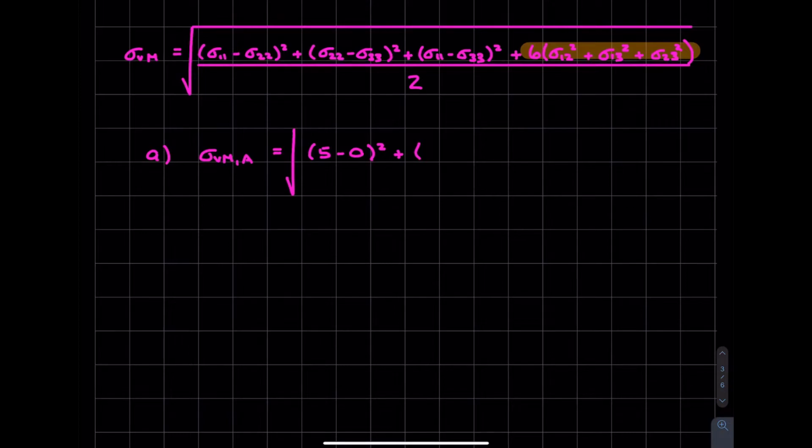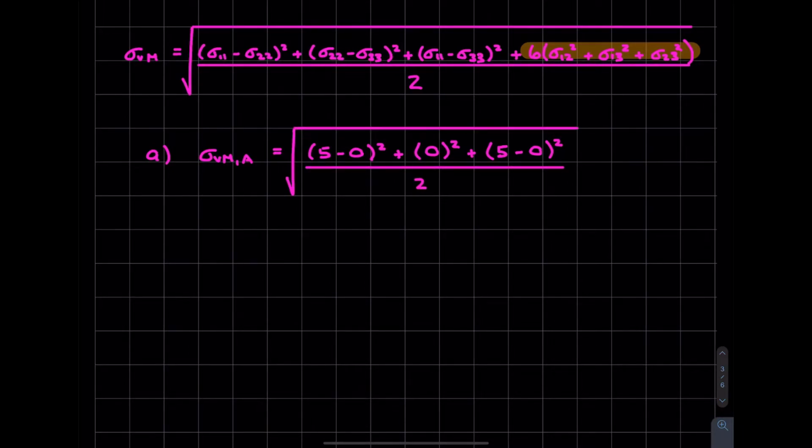Both of those are just going to be 0 squared. And then plus sigma 11 minus sigma 33 squared. So this is going to be 5 minus 0 squared. All this, again, is divided by 2. And you guys already know the answer to this because this was in the first question. So we know that this one is going to be equal to 5.